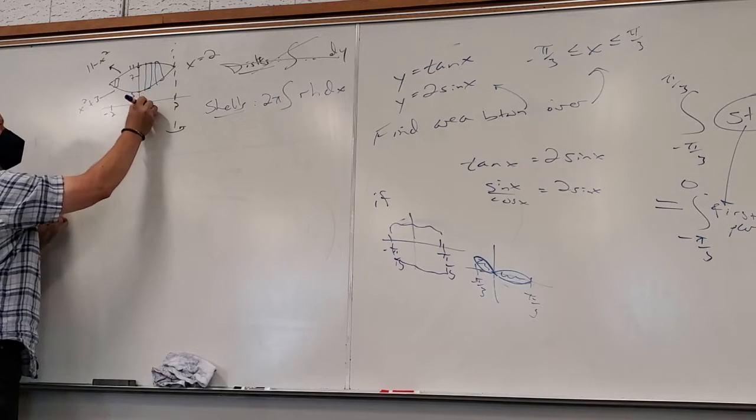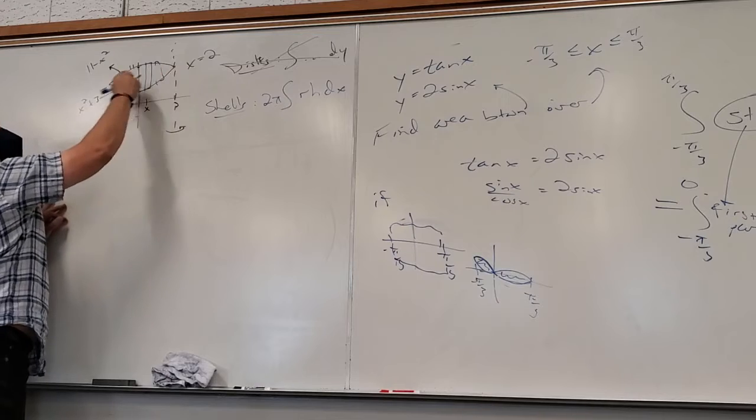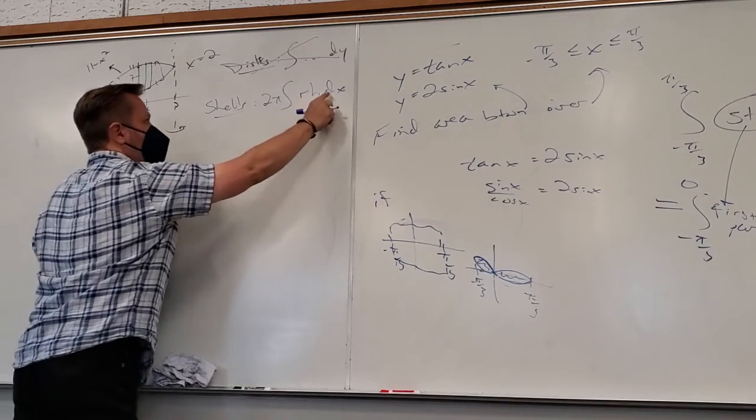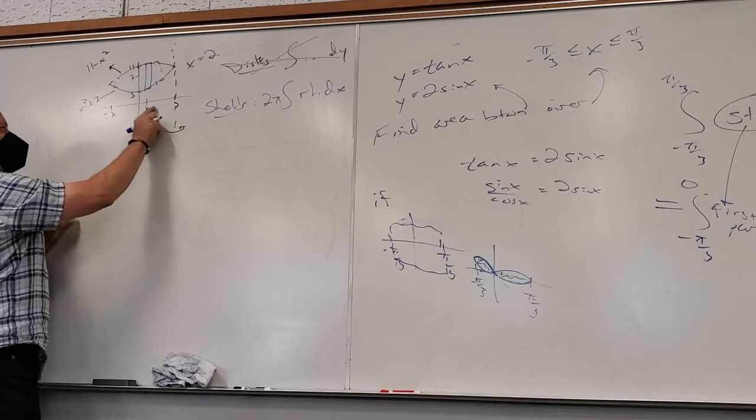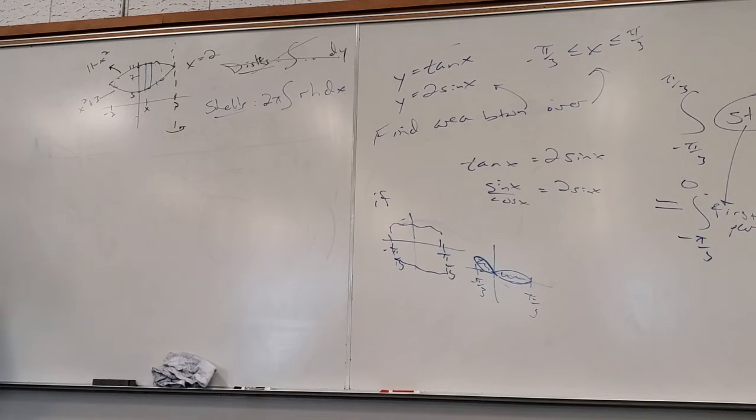So it's x that's locating. That's why this is dx, because to find my rectangle, I have to move along the x-axis. And for disks, to find the disk that I want, I move along the x-axis. Every time I move along the x-axis, I get another disk.